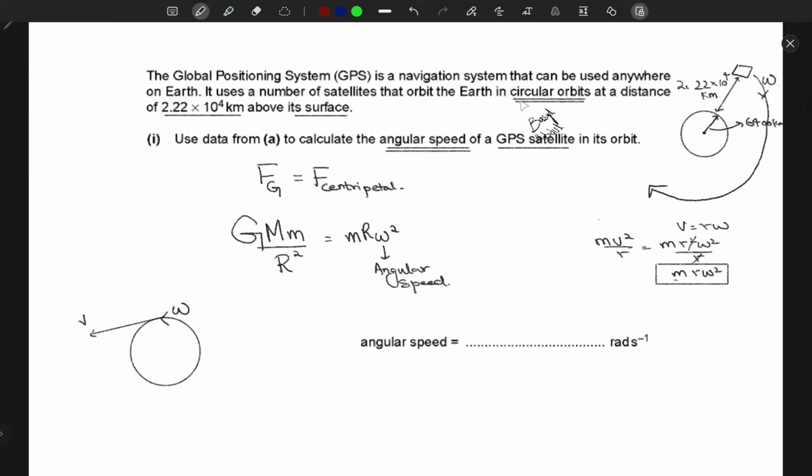So this point, circular orbits, was a key point, and that's the reason I can say that the force of gravity is equal to the centripetal force, because the force of gravity is the cause for that centripetal force to be there. So is that clear?